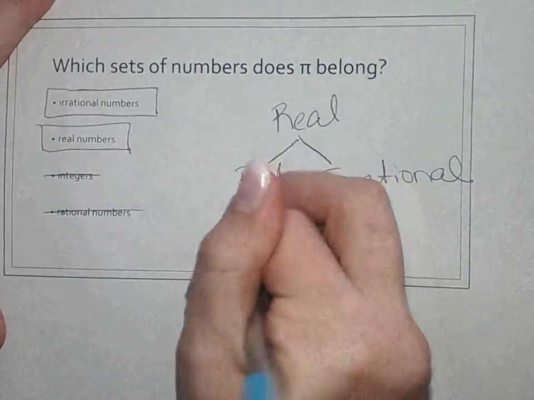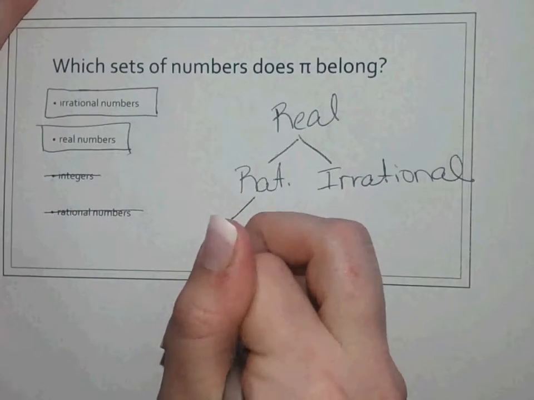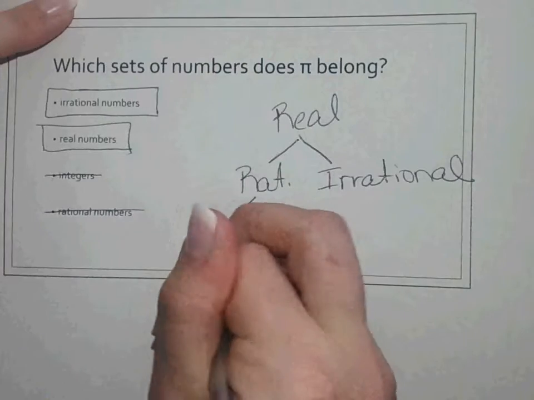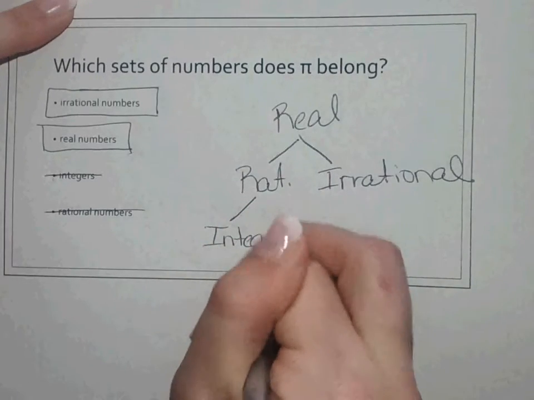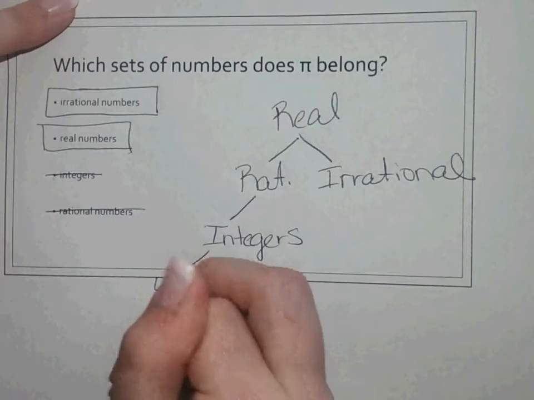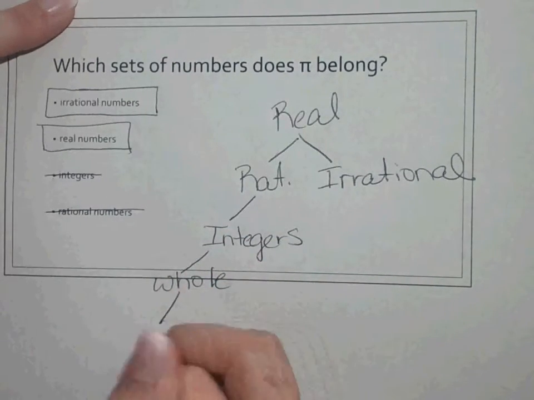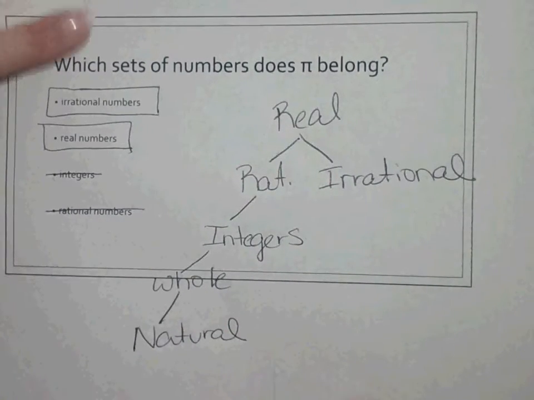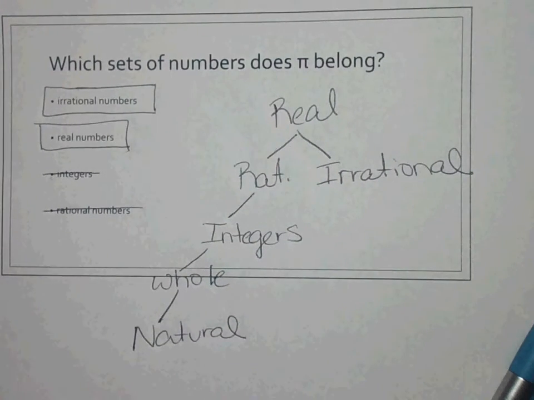Okay, and then rational splits off into integers. And then that could be whole numbers, and under that, natural numbers. Okay, so those are all your subclasses there.